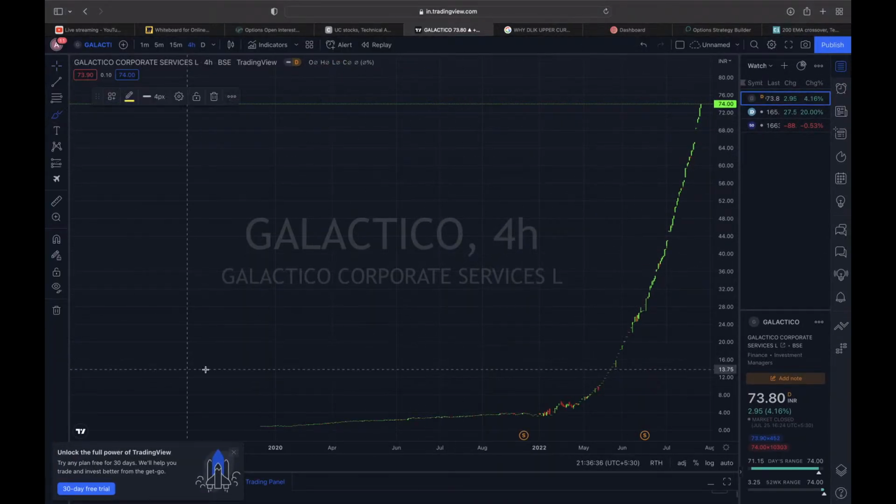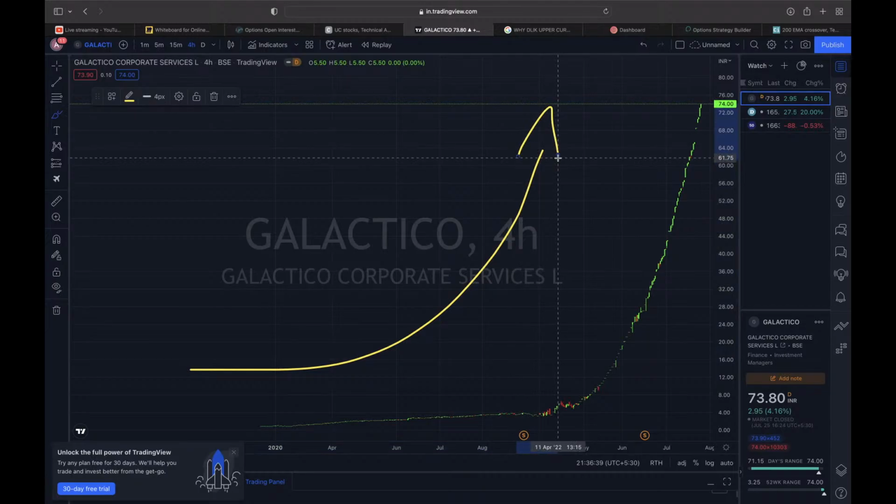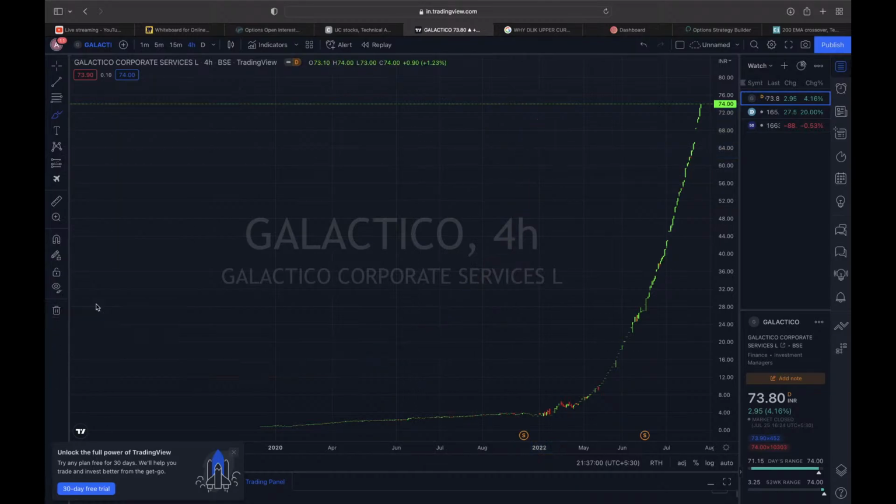This is known as Galactico. Clear everyone? So every time it goes up, it has a limit of 5% now. Galactico has a limit of 5%.